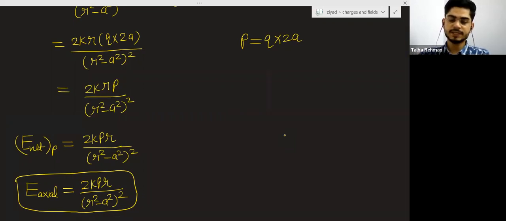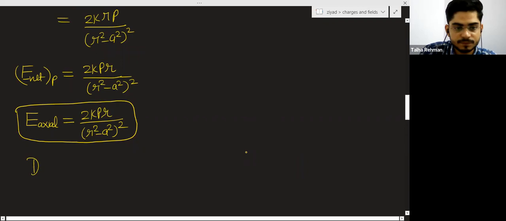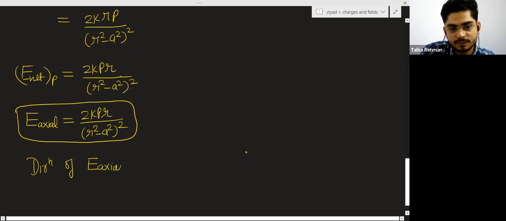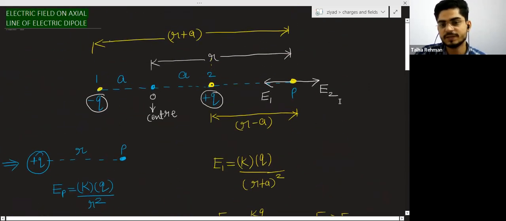And if we calculate the direction of this electric field, direction of E axial: I have written E2 minus E1, and I have also told you E2 is greater than E1.